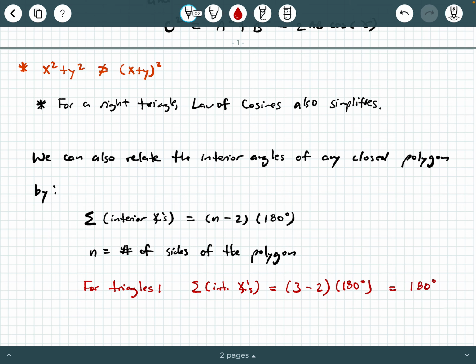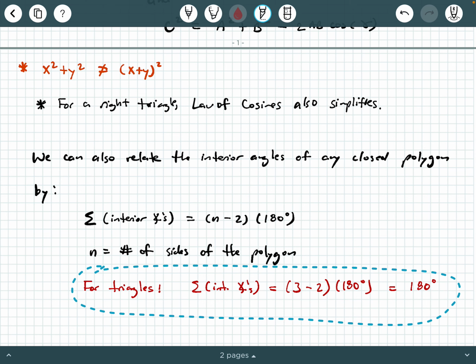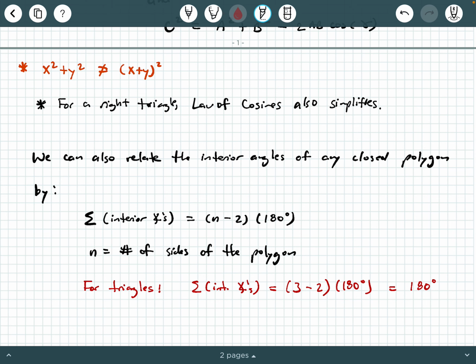Now, why am I writing this down and reminding us of this? Well, again, in a lot of application problems of law of sines and cosines, if you remember this handy little relationship here, then it can expedite your calculations when you are also using law of sines and cosines for a particular problem, okay?